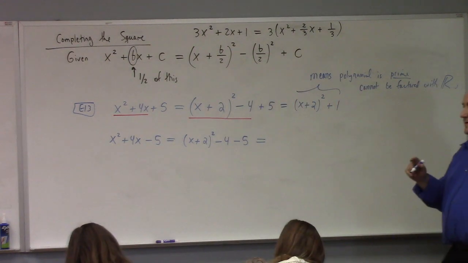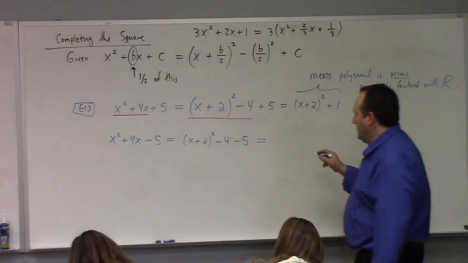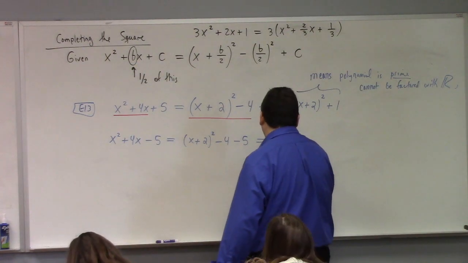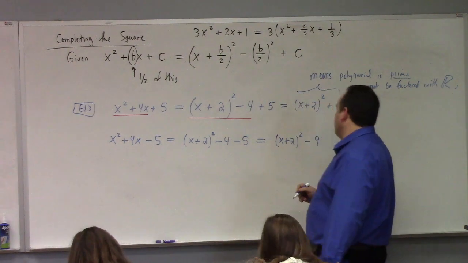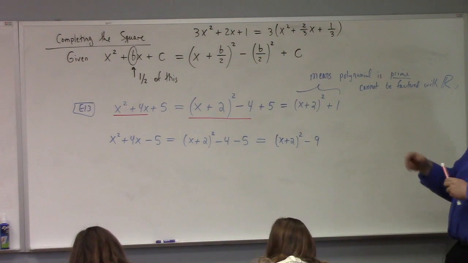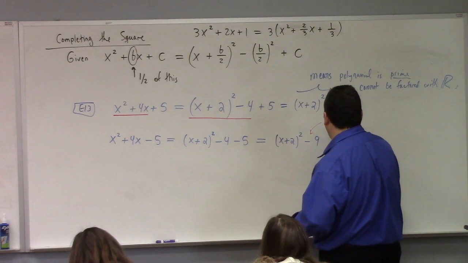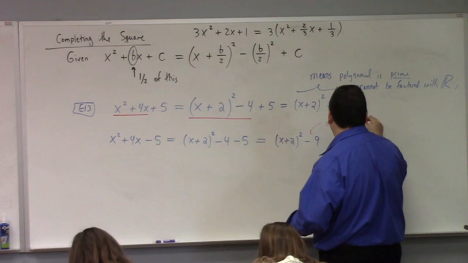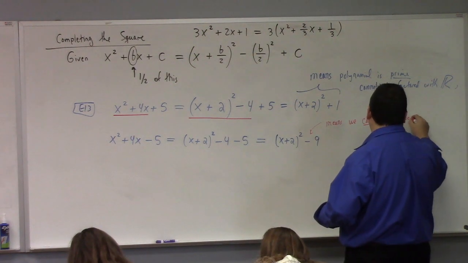When we complete the square on that one, with that simple difference of plus to minus, we get (x + 2) squared minus 9. So if after you complete the square, you get minus a number, this minus right here means we can factor over R.